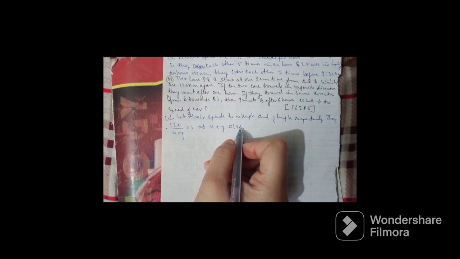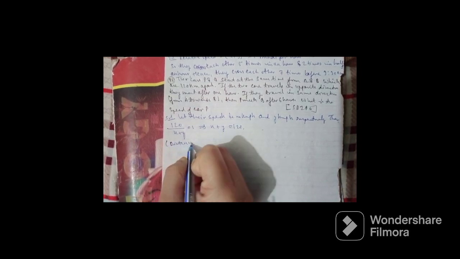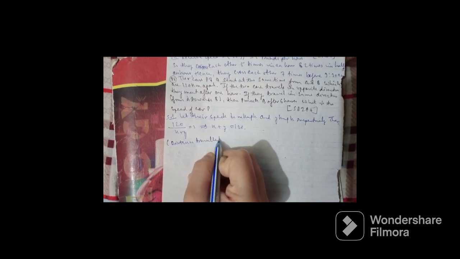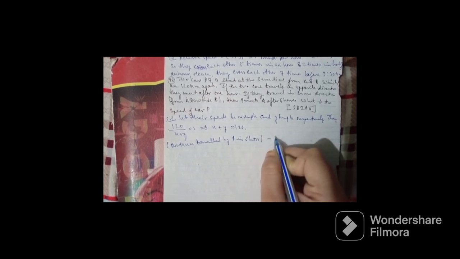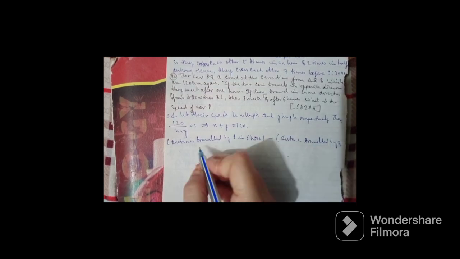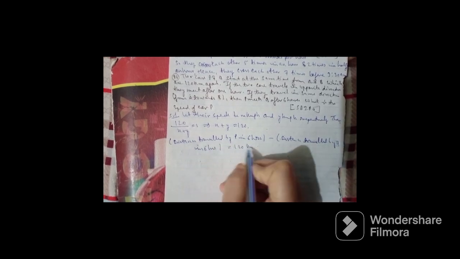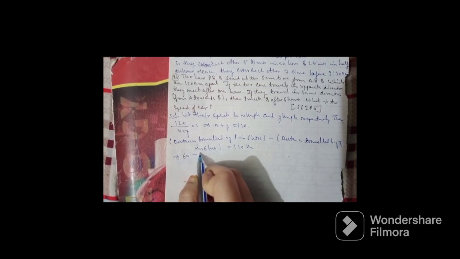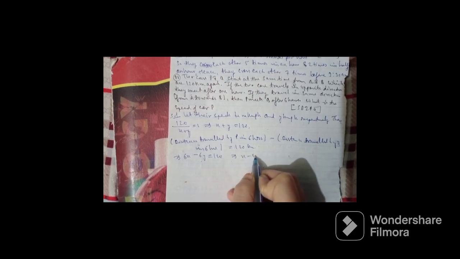Now when they move in the same direction, distance traveled by P in 6 hours minus distance traveled by Q in 6 hours equals 120 kilometer. 6x minus 6y equals 120. x minus y equals 20.